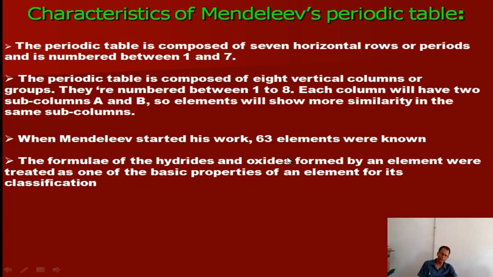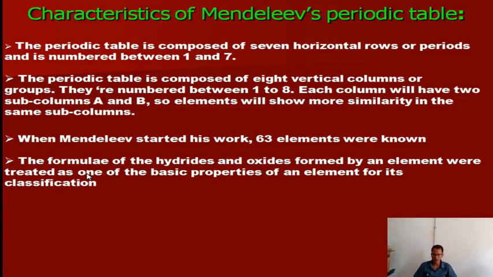That means a maximum of 63 elements were selected in his table. And he also selected some formulas like oxides and hydrides of these elements.